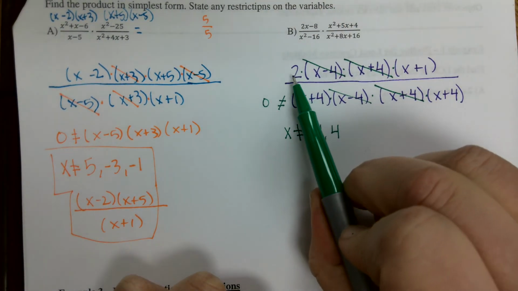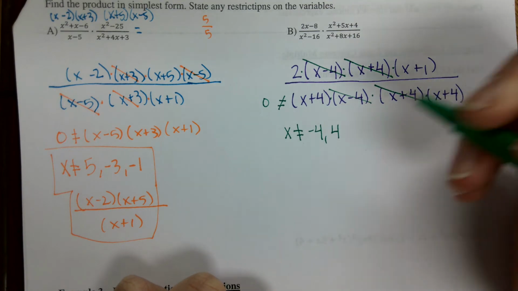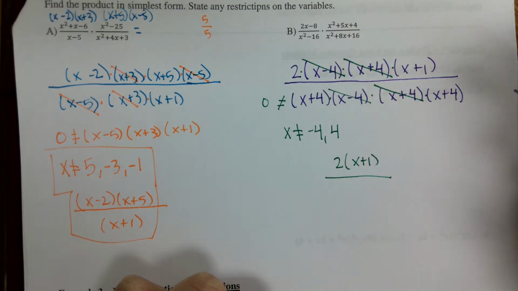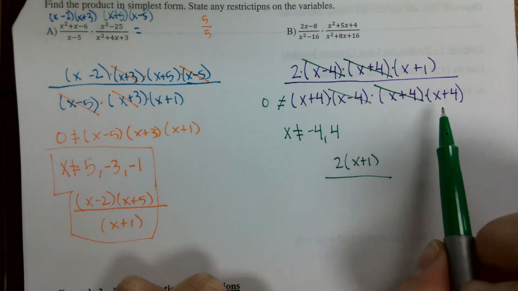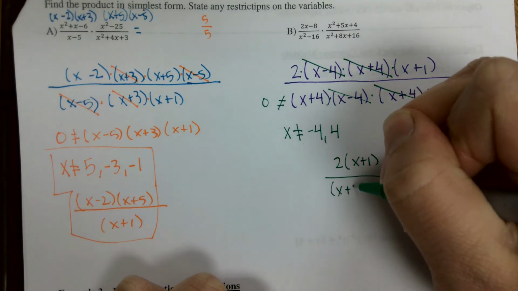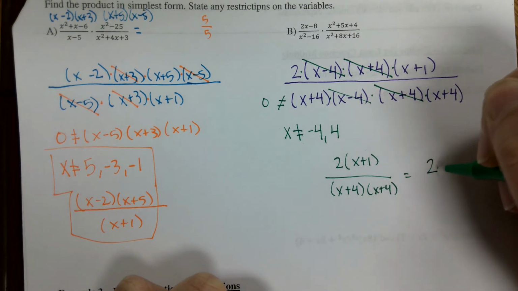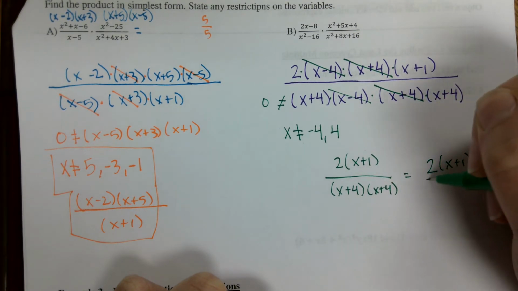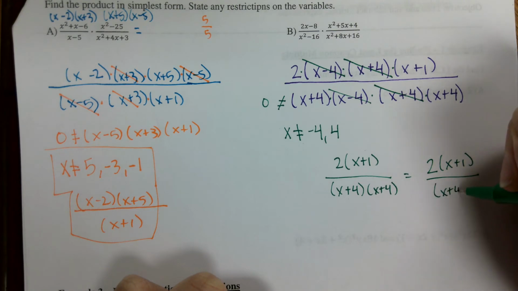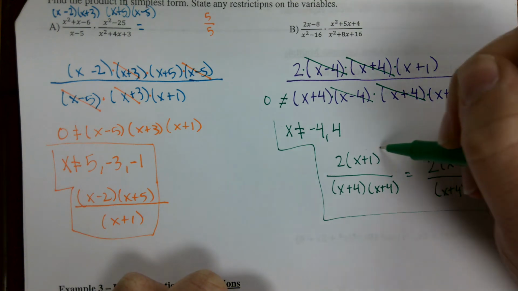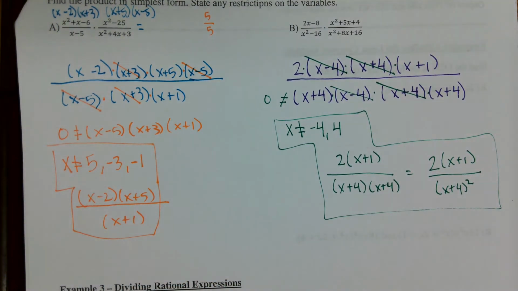So what I have left on top is this 2 times the x plus 1. Notice that I leave it in parentheses. On the bottom, I have an x plus 4 times the x plus 4. Now you can write it like this, or you could also write it, typically you do not distribute again, but you could write it as x plus 4 squared. So either one of those ways, plus your restrictions.